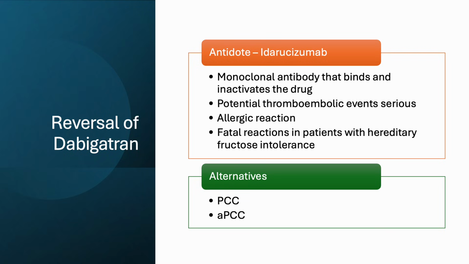Potential thromboembolic events may be serious, and you may have an allergic reaction to the medication. And here's a crazy one. You may have fatal reactions in patients with hereditary fructose intolerance. So I guess that means if you're ever considering using dabigatran, you better find out if your patient has hereditary fructose intolerance. Alternative to this drug include PCC and APCC if it is not available.